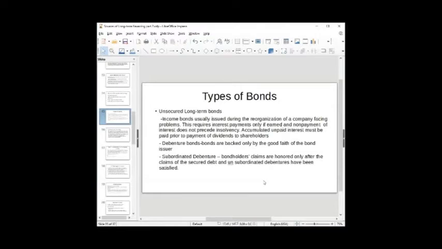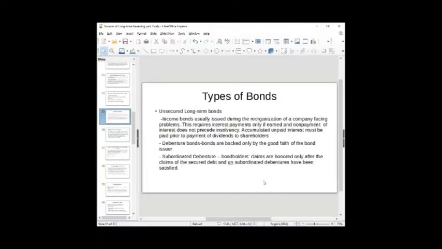We have also these debenture bonds, bonds that are backed only by the good faith of the bond issuer. So you believe in the credit worthiness of that bond issuer or the company issuer, and you subscribe or you bought a bond with that company because you believe that they have that credit worthiness.